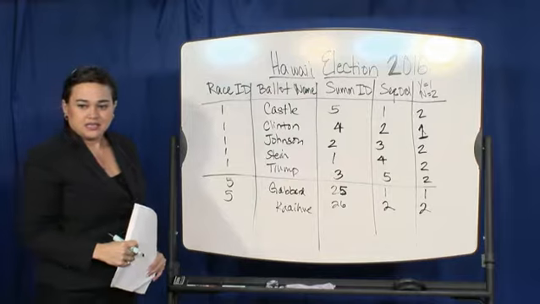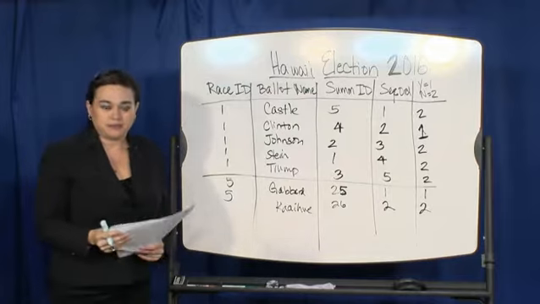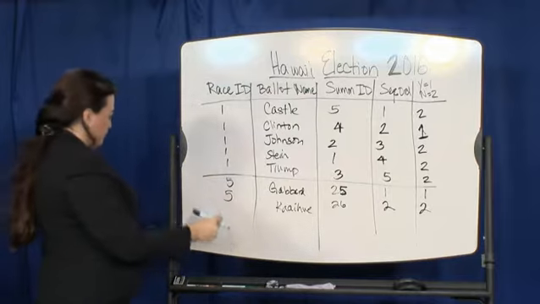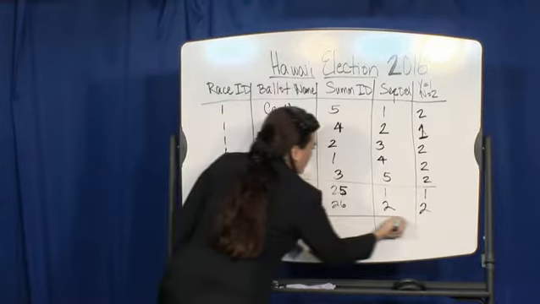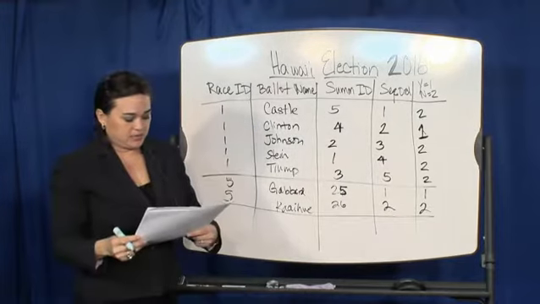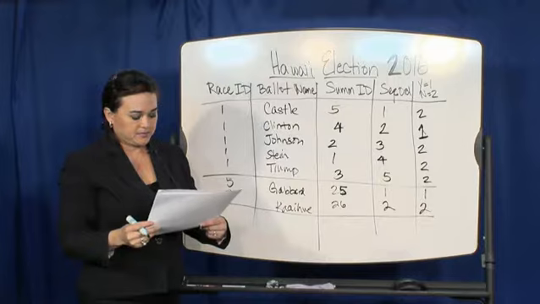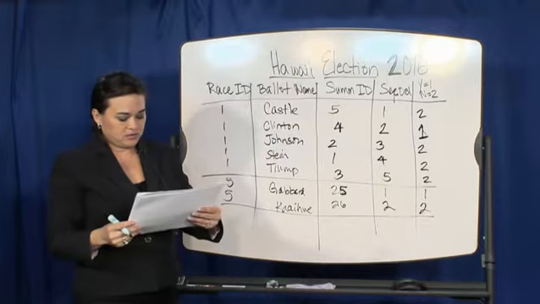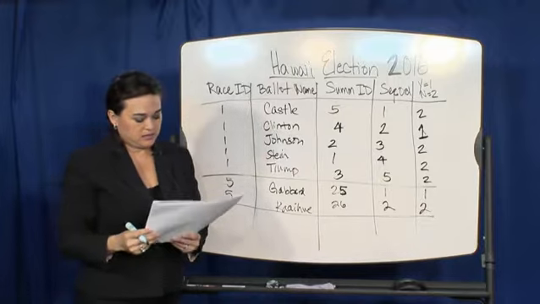Okay. Sorry again. Please don't mind my penmanship. Now for race numbers, let's look at the next race. 1, 2, 2, 1. Okay.